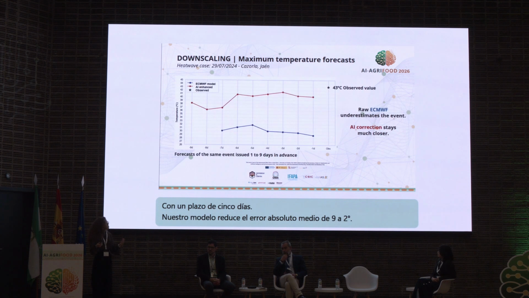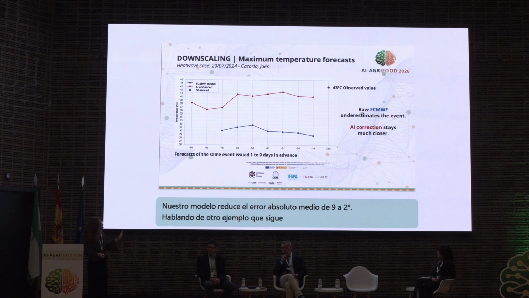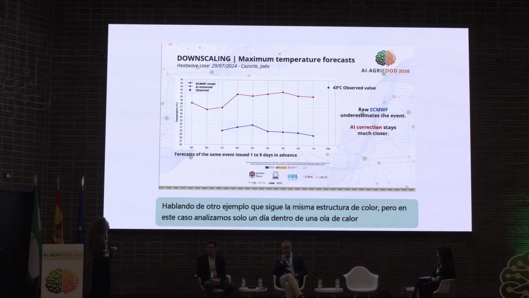Talking about another example, following the same color structure, but in this case, we analyze only 1 day inside a heat wave. In this case, the black star is the observed value. Our model is the red line, and the ECMWF forecast, the blue one.